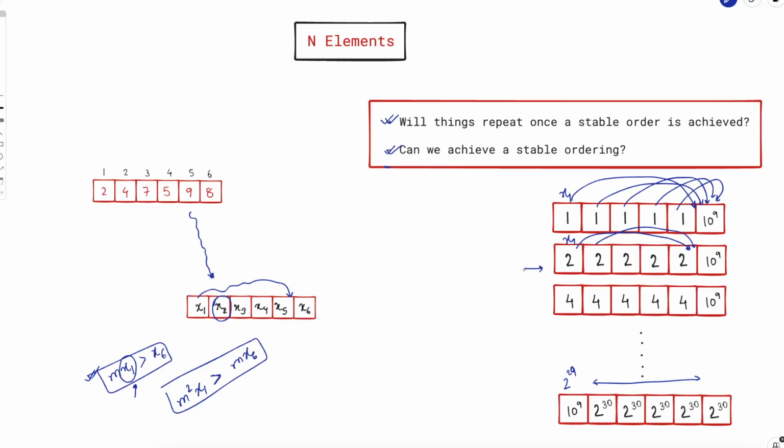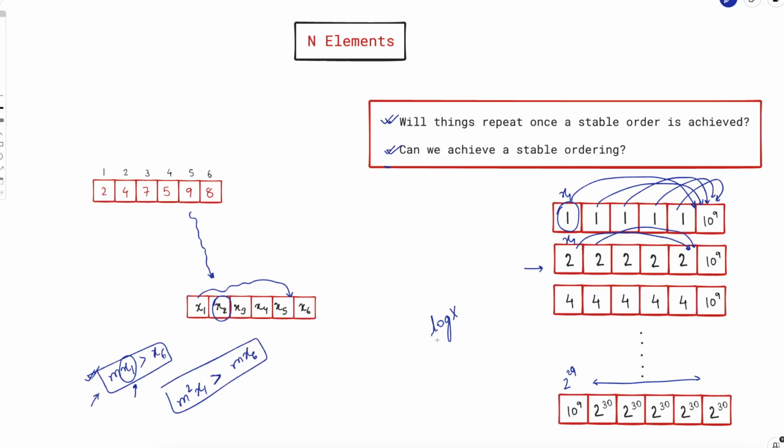So how many operations do you need to make this happen? What you're doing is just taking this one element all the way to 10 power 9, which takes you log x iterations, where x is the last element itself. So in log x iterations, you are able to get this one to a value at which this inequality will be satisfied.